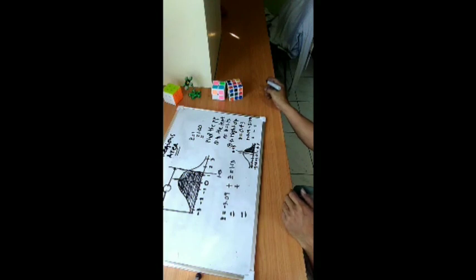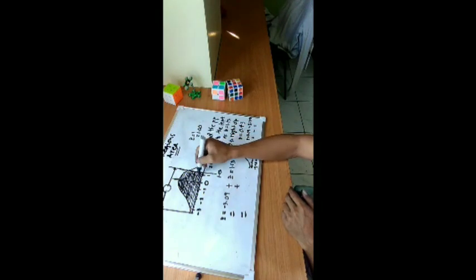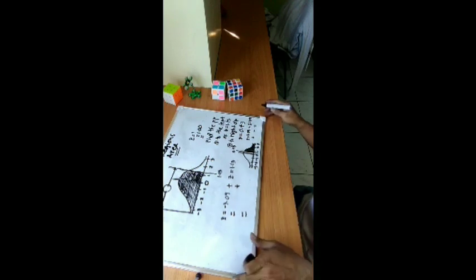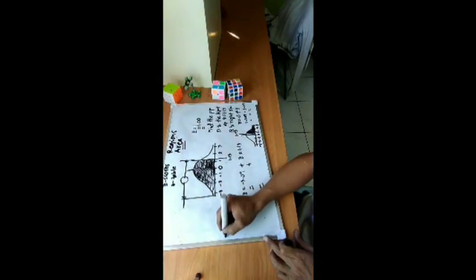Okay, we have an area which is adjacent to the mean, and we have also an area which is not adjacent to the mean. Another problem, number 3.